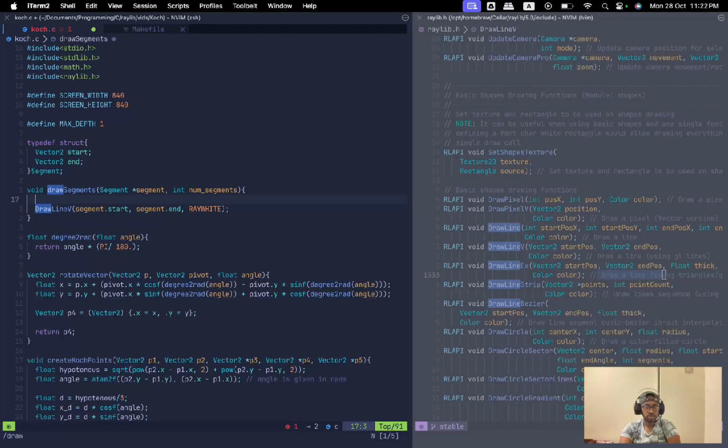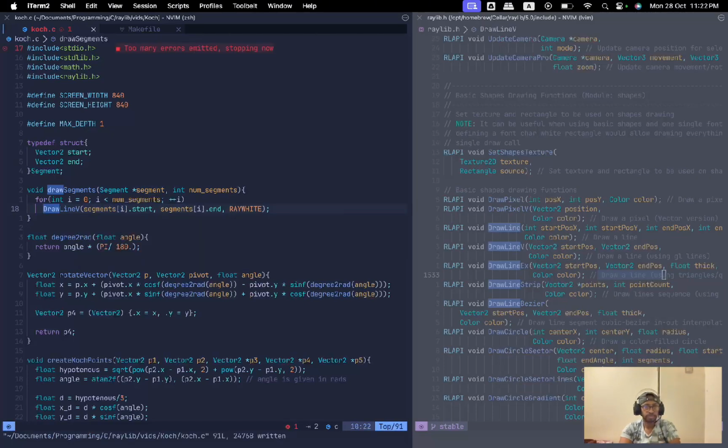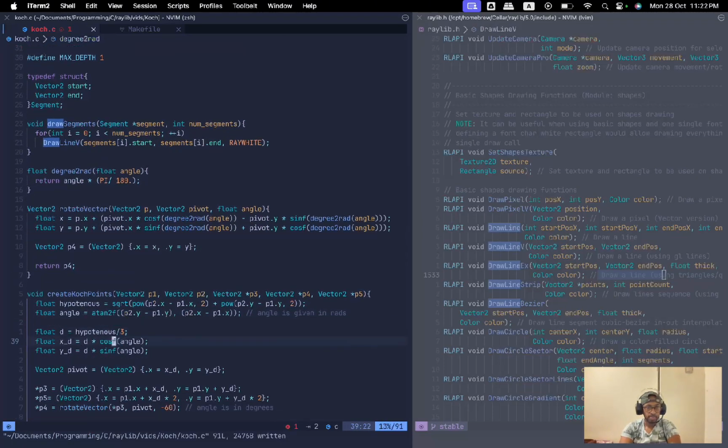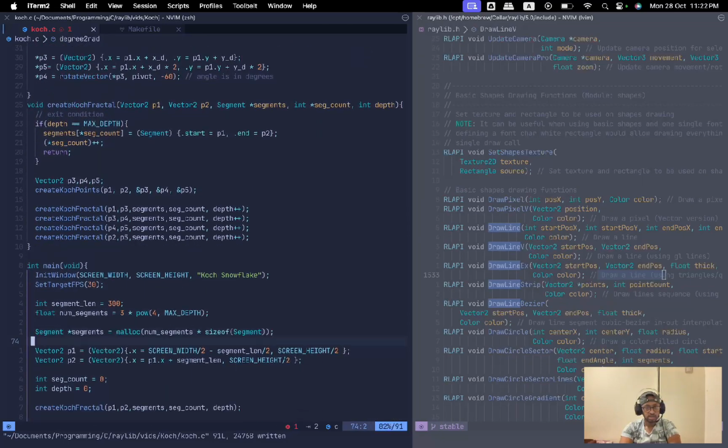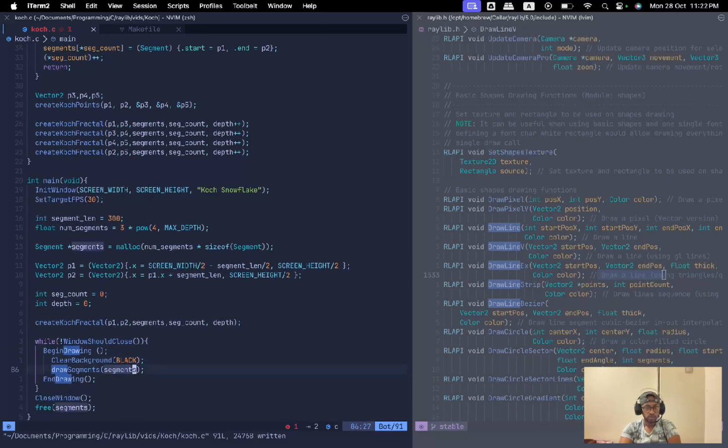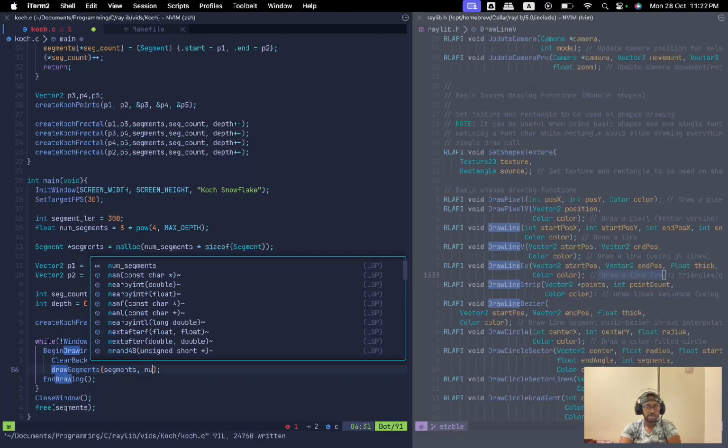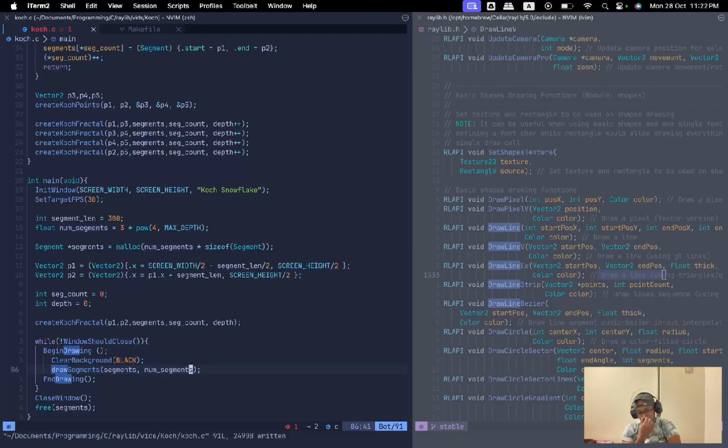What we want to do is for int i equals 0, i is less than num segments, increment i, and we need to draw segment i. Yep, this is what we want to do basically. So here we need to pass in the num segments, the total number of segments.